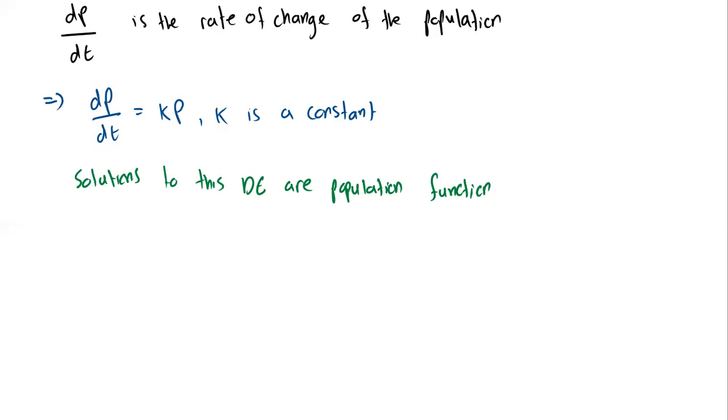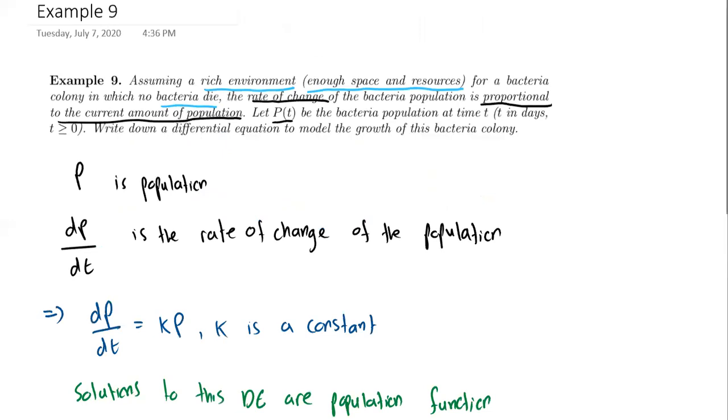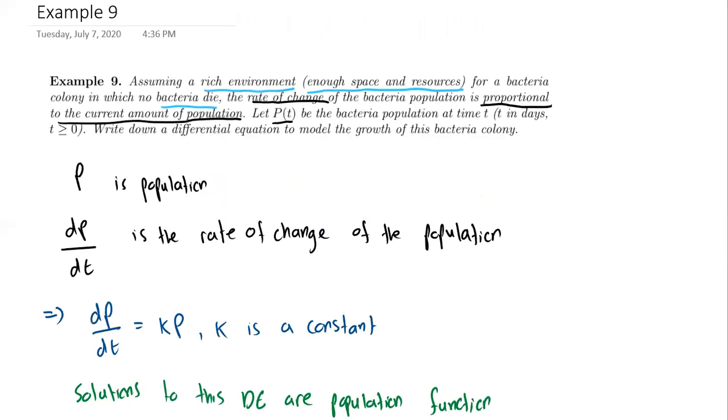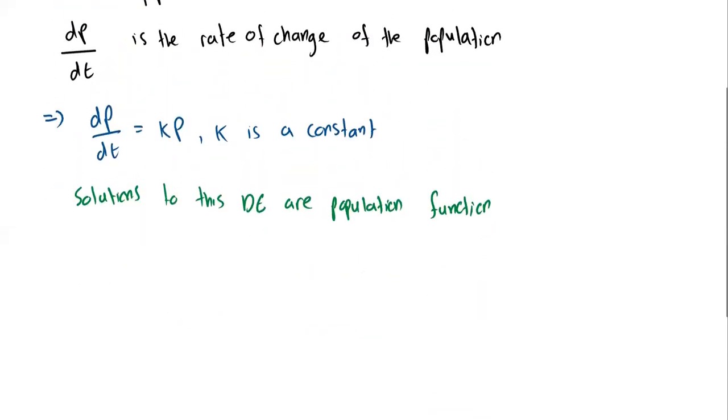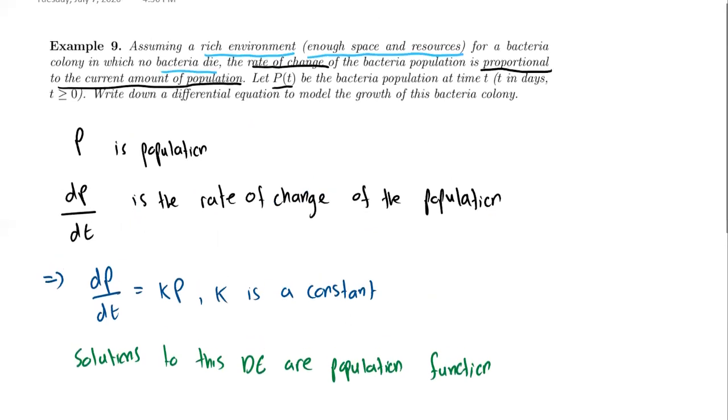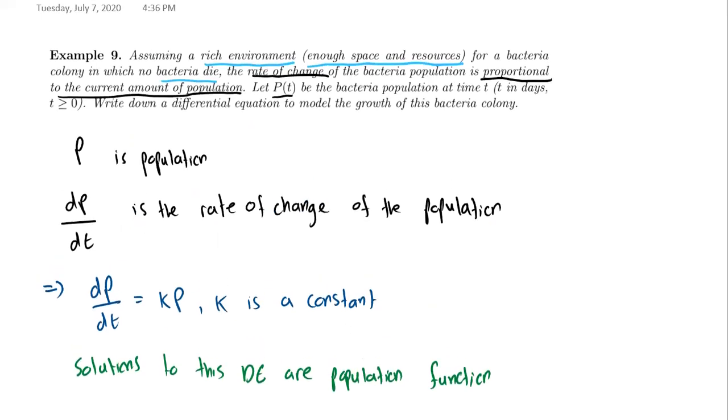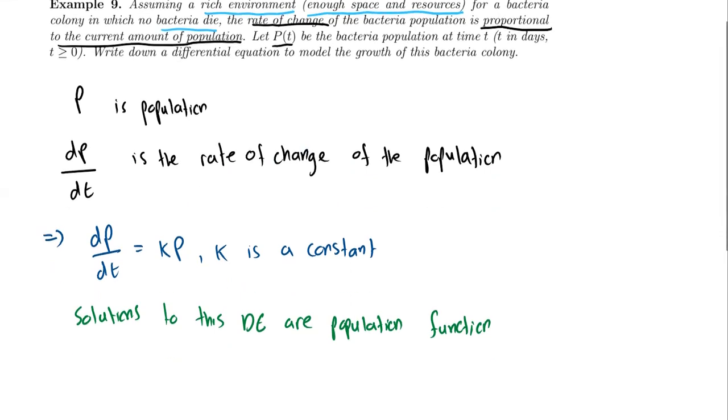If we're able to solve this differential equation, we can model the population of this bacteria colony at a given time t, where t is time in days, t greater than or equal to 0. So that's basically how you come up with the differential equation to model this system. Just use the assumptions: the rate of change is proportional to the current population, and that's basically how you set it up.